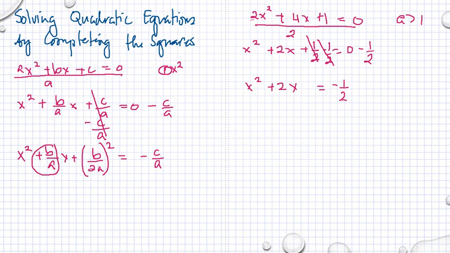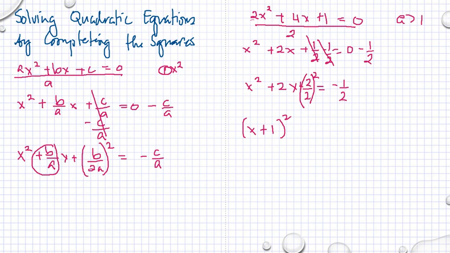So I'm going to take half of 2 squared. So take the half of the middle term and square. What you get is a perfect square. Then you have x plus 1 squared. This is 1, in a parenthesis, squared.